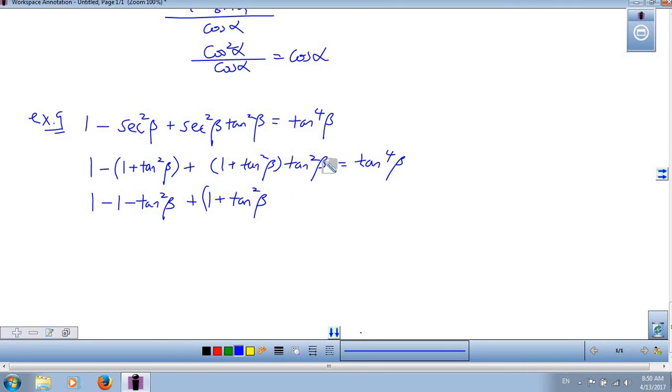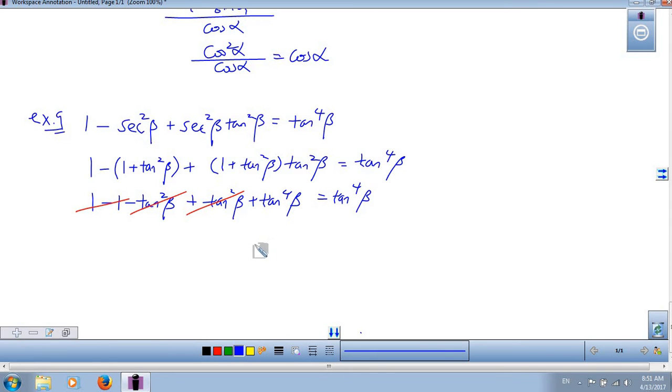Oh, I forgot to distribute. Distribute the tangent squared beta, so it's plus tangent squared beta plus tangent to the 4th power beta. Now 1 minus 1 is 0. Negative tangent squared beta plus tangent squared beta cancels out, so tangent 4th beta equals tangent 4th beta.